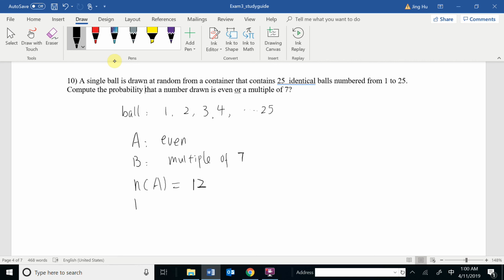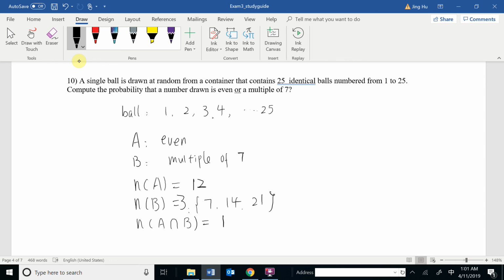And let's count event B, multiples of 7. It could be 7, 14, 21. So actually it is 3. And now let's see their intersection. Because 14 is a multiple of 7 and also even, the overlap is 1.